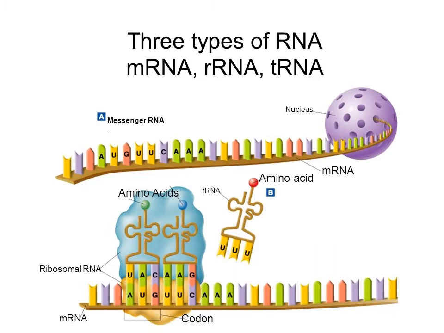So if, for example, there was thymine on the DNA, well, that became adenine on the RNA. If there was adenine on the DNA, it became uracil on the RNA, and so on and so on, with this long strand of messenger RNA. So the messenger RNA is now floating around in the cytoplasm.